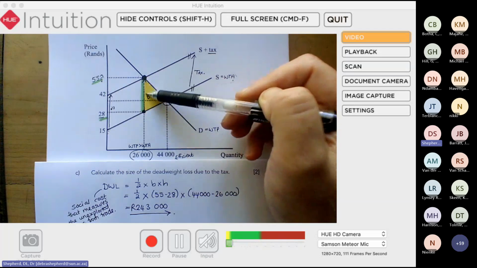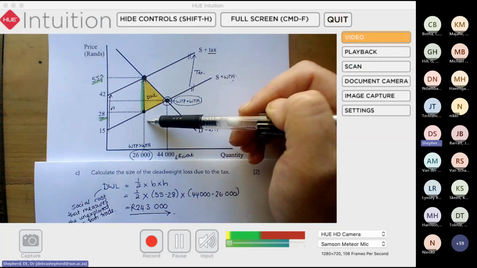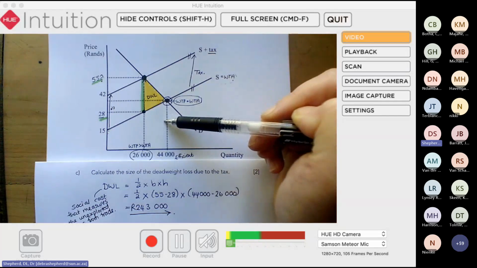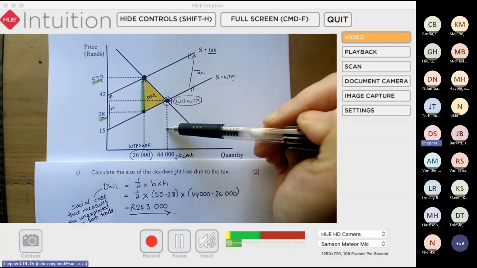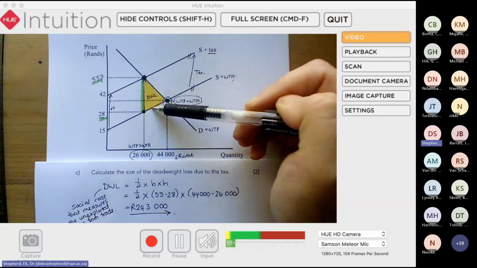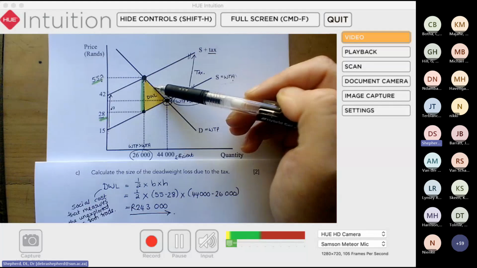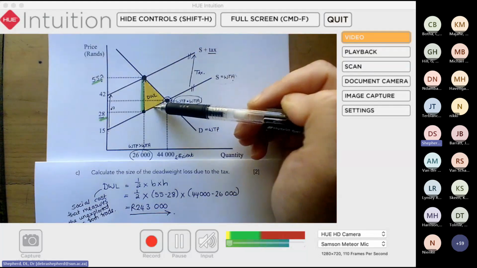And so there would be a positive surplus as well on that pizza. In fact, every single pizza between 26,000 up to 44,000 has a positive gain. There is a surplus that measures the difference between what someone was willing to pay for the pizza and the minimum price that someone was willing to accept for the pizza.